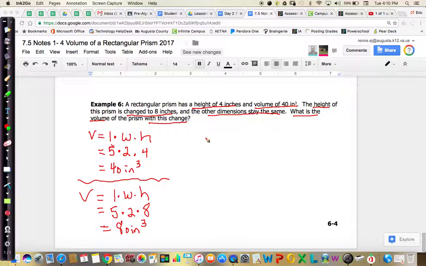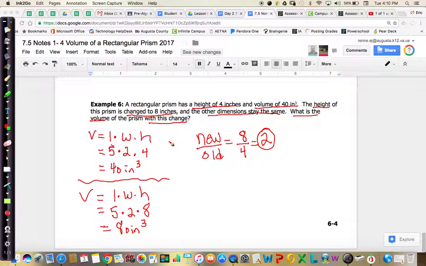And remember, we learned a ratio called new over old. So what's the new height? It's 8. What's the old height? It's 4. And 8 divided by 4 is 2. So that means the scale factor is 2.